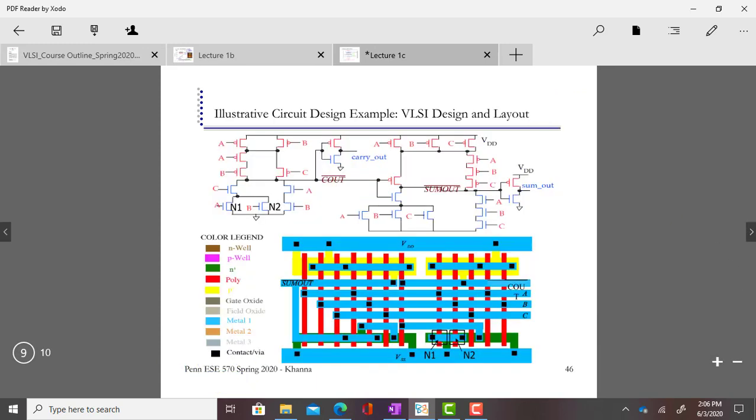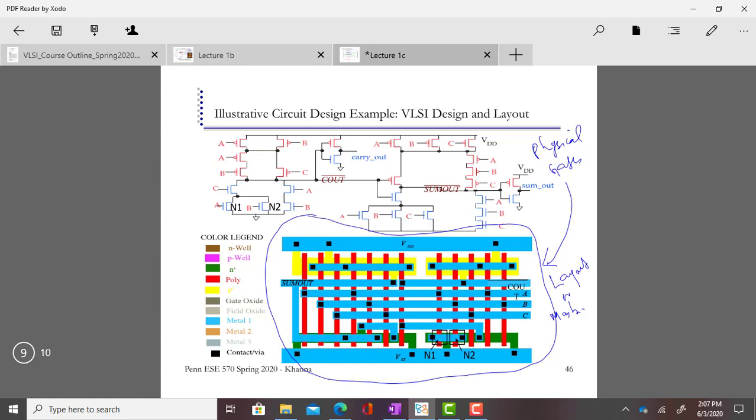So the next step is this: you have the physical gates and you map them to a layout or mask. You see, this is the mask. It's a very colorful image, and on the left you see different kinds of legends: N-well, P-well, N plus, poly, gate oxide, field oxide, metal 1, metal 2, metal 3, contact.